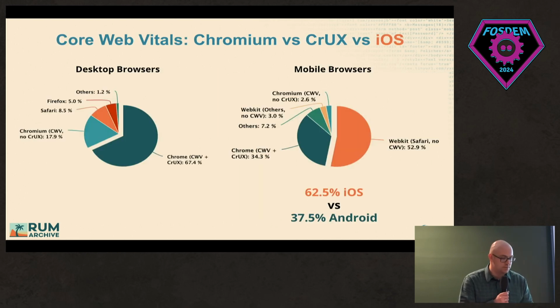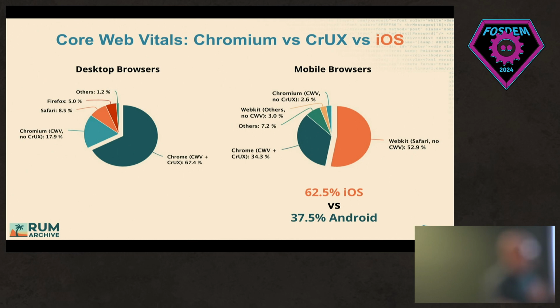For example, I think this serves nicely to highlight one of the big problems I feel we have in web performance right now, which is our maybe somewhat over-reliance on the Core Web Vitals and the Google CrUX dataset. You might not know this, but on iOS, you actually have no browser that can give you Core Web Vitals metrics, not even Chrome.